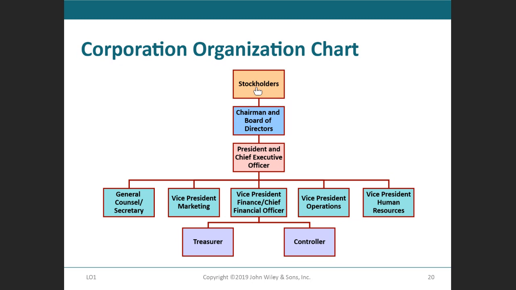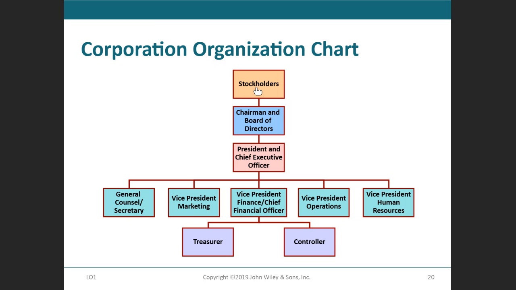Every share has one vote. So if you own 10 shares, you would have 10 votes, right? If you own 51% of the shares, that means you can manipulate the way the company is run. If you own 51% of the shares, then you have the majority of the vote.